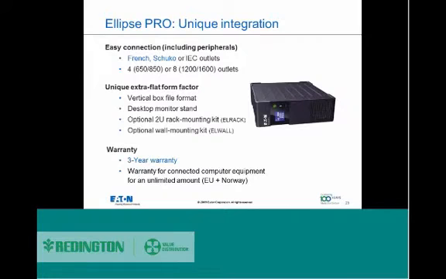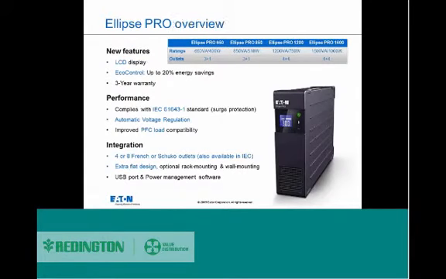The outlet sockets are available in these different models: French, Schuko, and IEC outlets. These models by default come with a 3-year warranty, so it takes off all the headaches and pains that an IT person or your customer would have to go through, because for 3 years the unit is completely taken care of by Eaton, should you come across any issue with the unit or backup of the power.